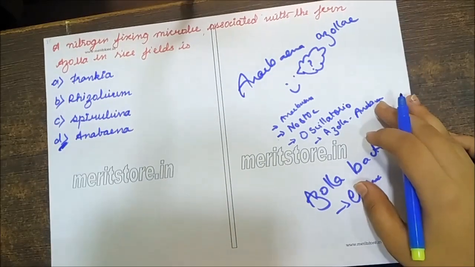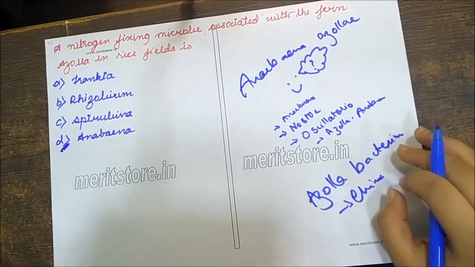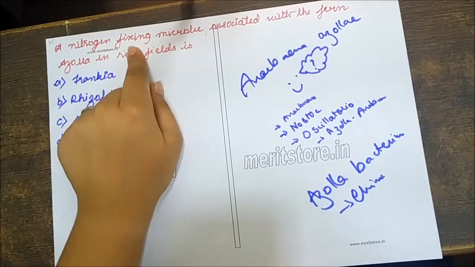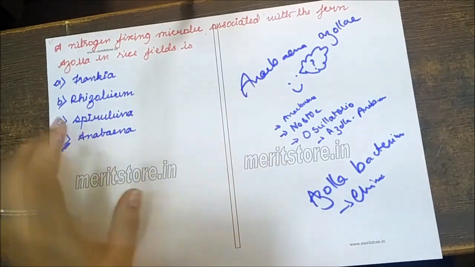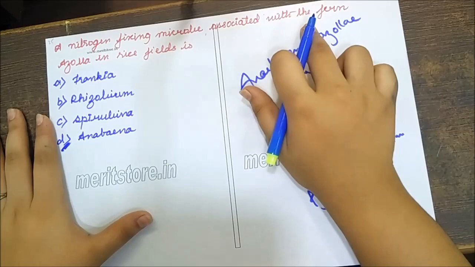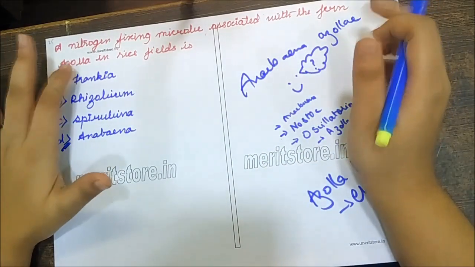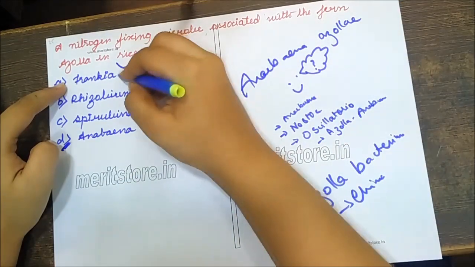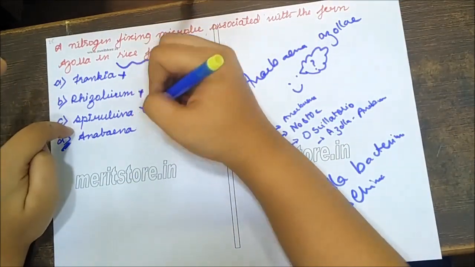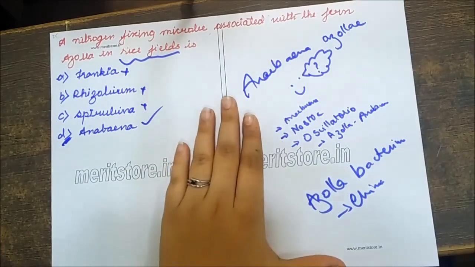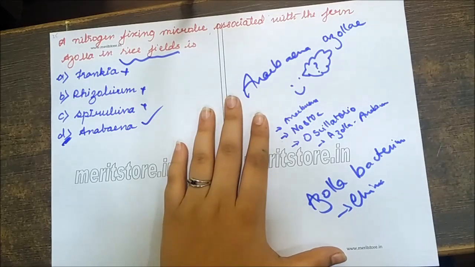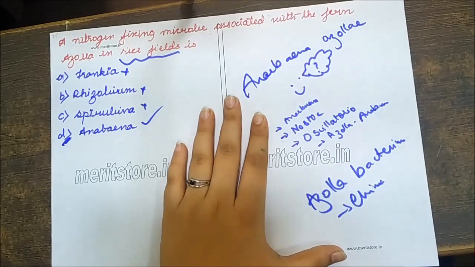Okay, so let's get the pure concept of this. The nitrogen fixing microbe associated with the fern Azolla in rice fields is Frankia, Rhizobium, Spirulina or Anabaena. Now, Anabaena azollae association is of great importance to agriculture.